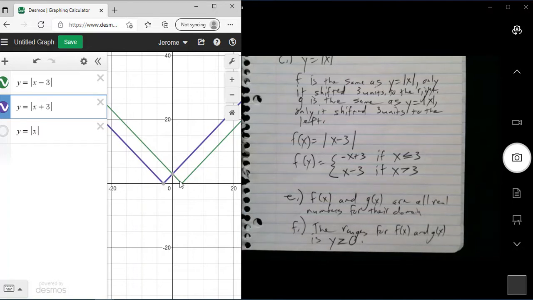So it doesn't go lower, so we couldn't say all real numbers because real numbers also include negative numbers. But y, the lowest it goes is 0, and then it goes to all the other numbers as 0 or greater. So that's why we got y is greater than or equal to 0.